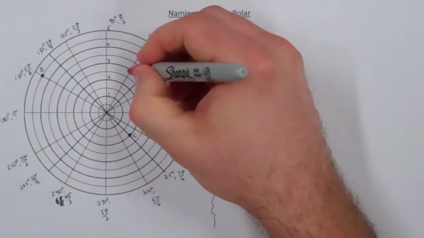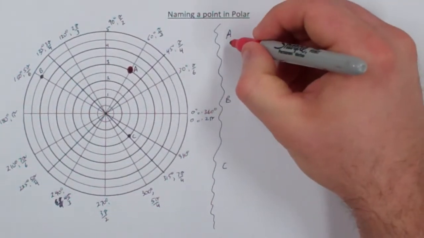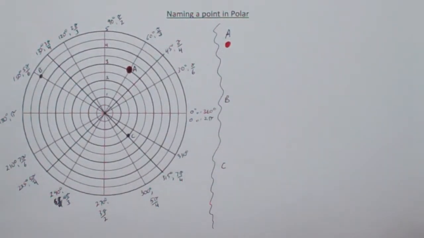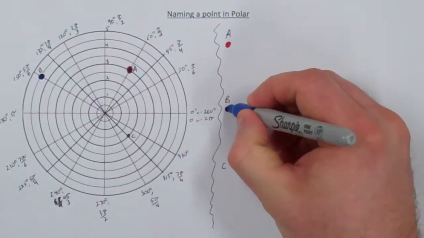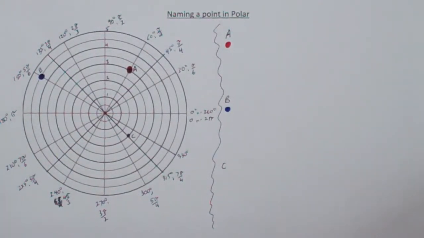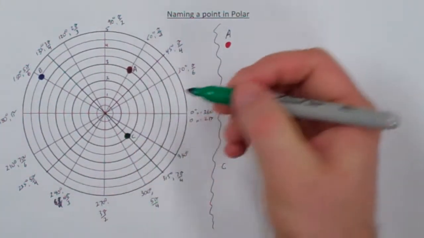We'll make A red, so there's A, the red dot. Then we'll do a blue dot, B, right here.